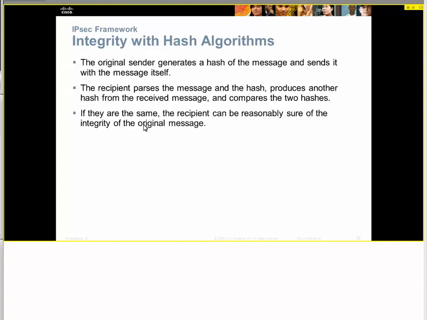So we have now a second hash, one that was created by the receiving end. The receiving end takes the hash it created, looks at the hash that it received. As long as the two hashes are the same, there is a reasonable assurance, and by reasonable, it's more than 99.999% assurance that the packet is the same. That's integrity.